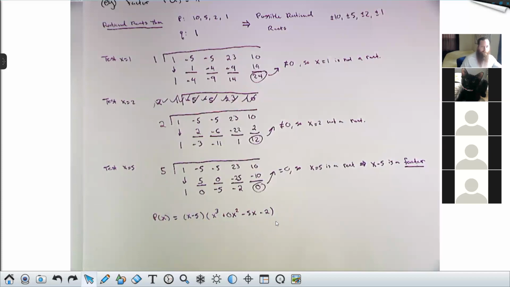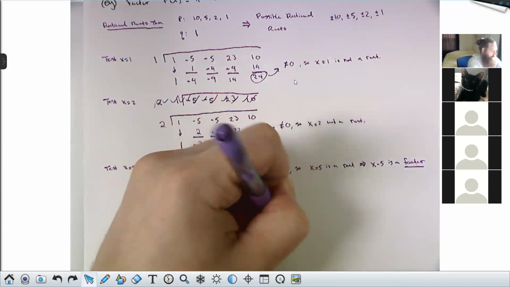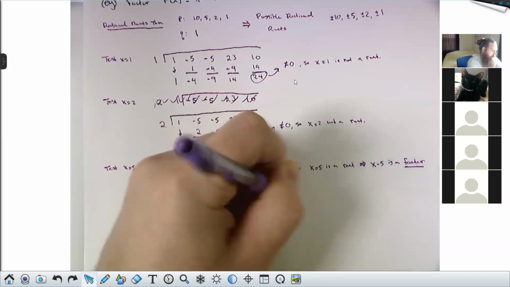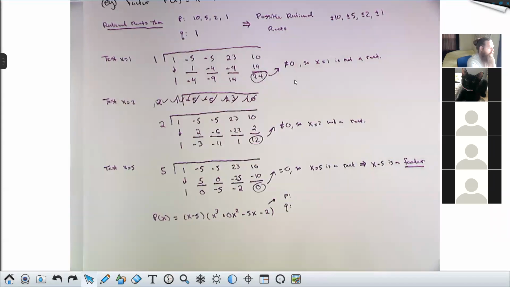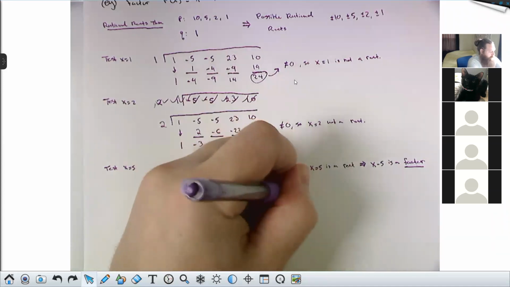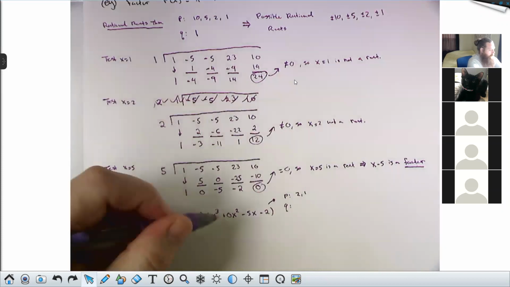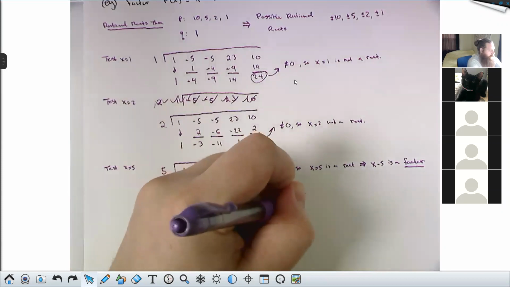Now you can save yourself a bit of a headache by cooking up a new list for this guy. And this guy is going to have a smaller list than this guy. So for the possible rational roots for this one, you come up with its p's and its q's. The p's here would be divisors of 2, which are just 2 and 1. And the q's for this one are just 1.